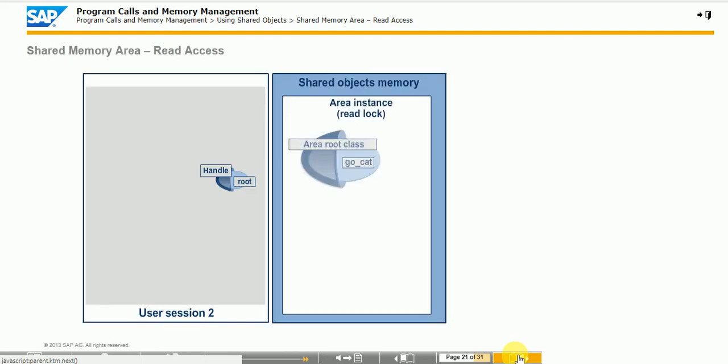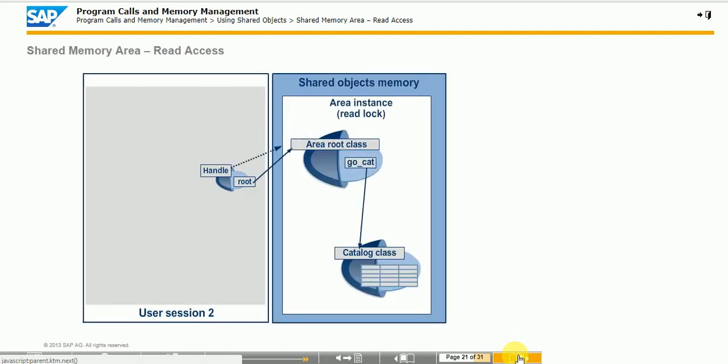Once an area instance has been set up, other users and applications can access it. The reading programs have to implement the following steps. The read program first needs a reference variable, that is, you type with the area class. This reference variable serves as a handle for the area instance access.